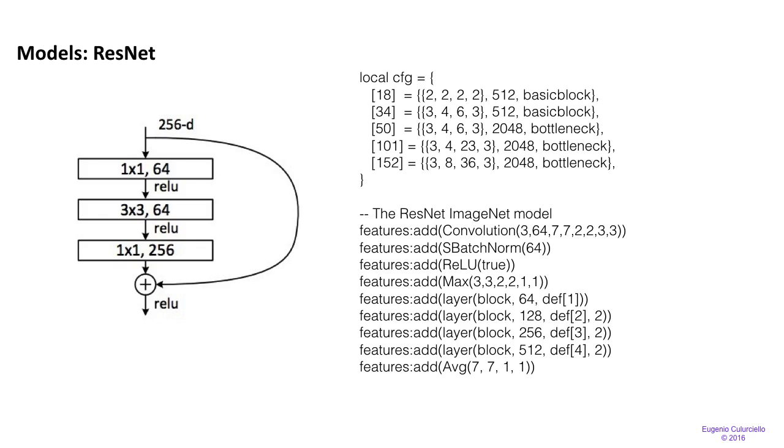Bottleneck is defined as this or as this. So if you take the 152, you take the bottleneck function that we just saw, and you do it 3 times in this block, 8 times in this other block, 36 times in this other block with 256, and then 3 times with 512. Then you have an average pooling classifier.